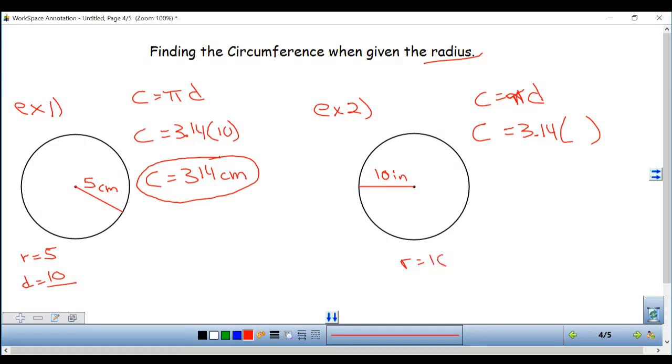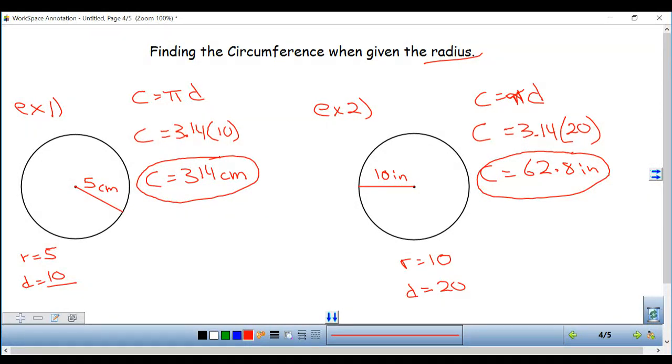Well, once again, if the radius is 10, my diameter has to be 20 because the diameter is double the radius. So I will plug in a 20 for the diameter. C equals 3.14 times 20 gives me 62.8 inches. My circumference is 62.8 inches.